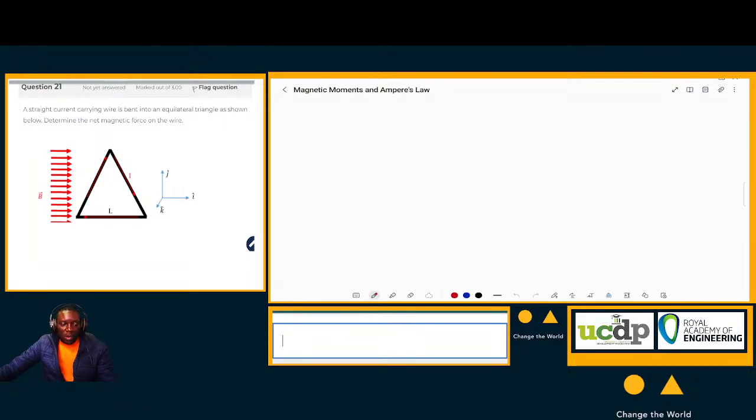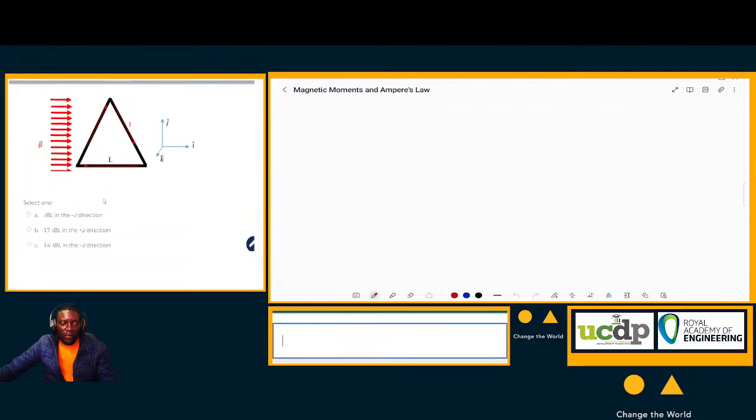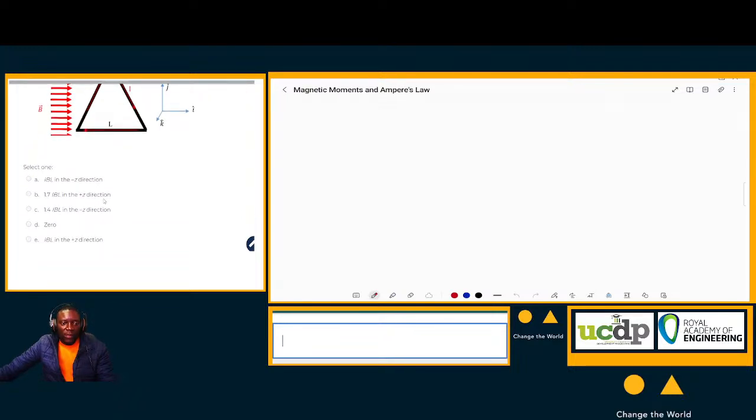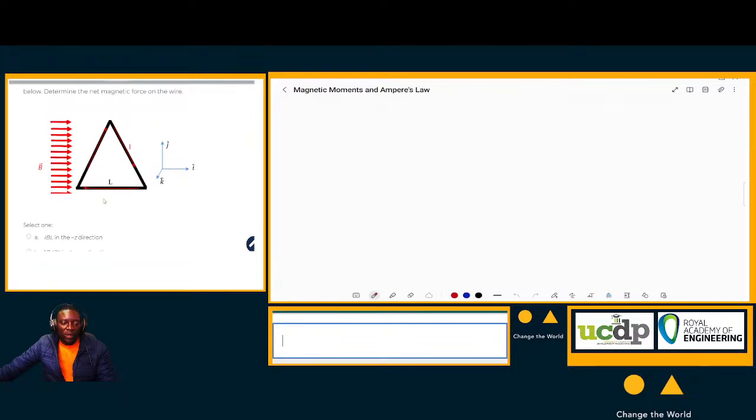Let me see what possible answers we have there. We have IBL. Remember, for our force, this formula is correct, IBL, but it says in the Z direction, so Z is in the k direction.